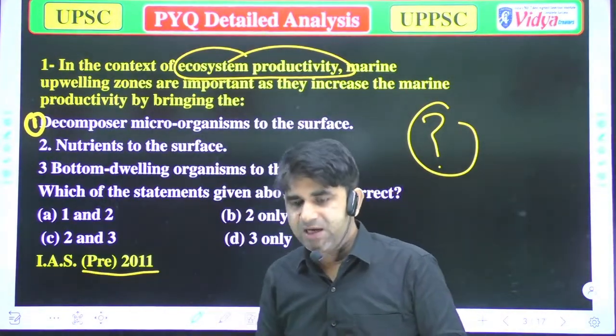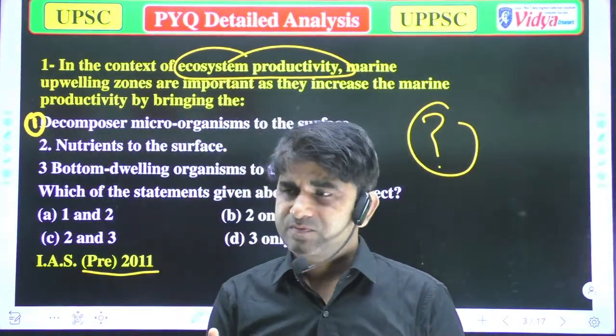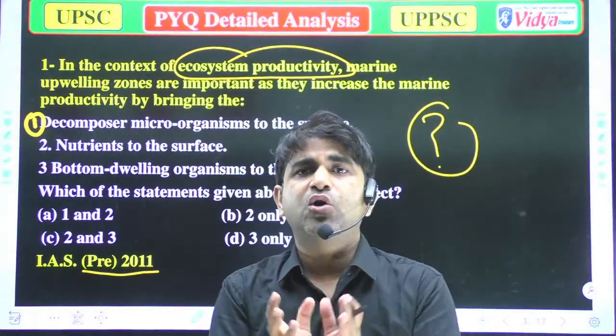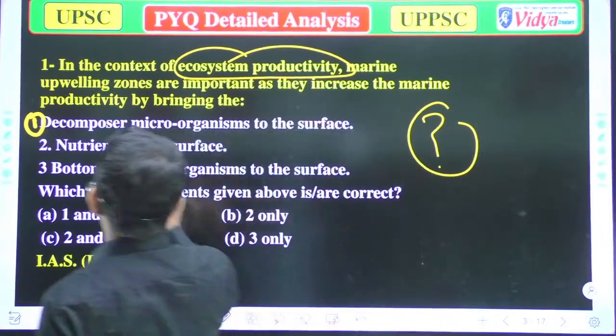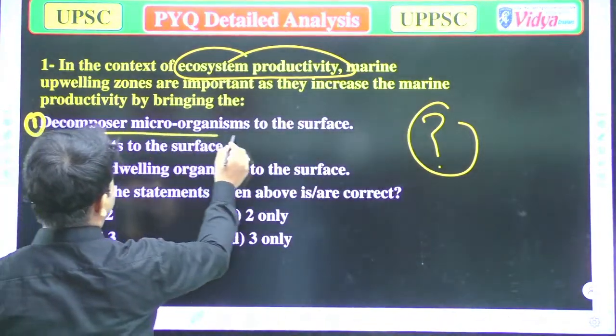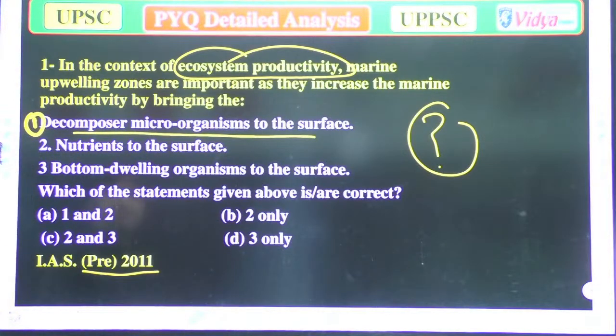When UPSC asks any question about any topic, it wants the whole knowledge of that topic in context. A, decomposer microorganisms to the surface, B, nutrients to the surface, and C, bottom dwelling organisms to the surface. Which of the following statements is are correct?